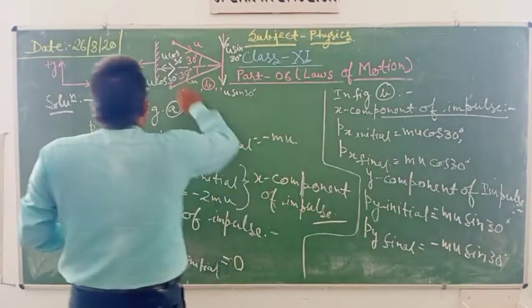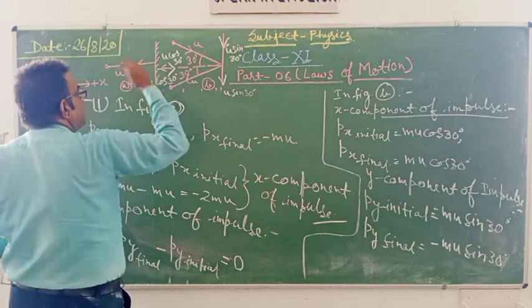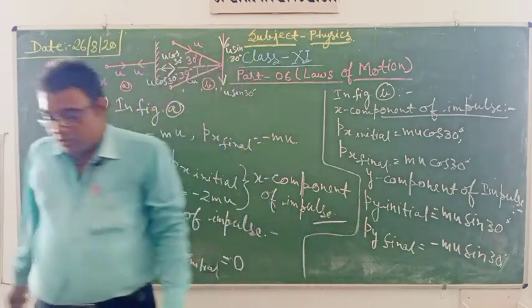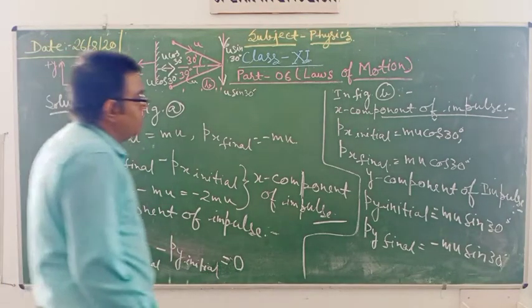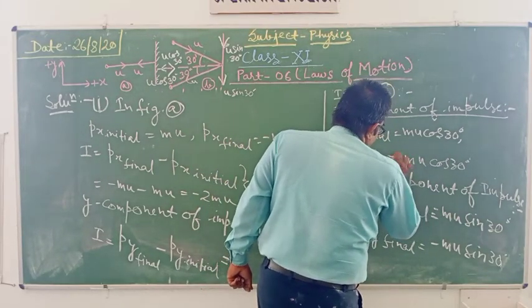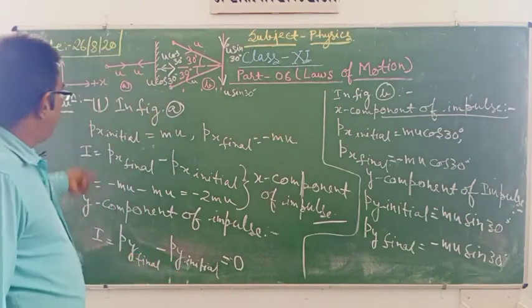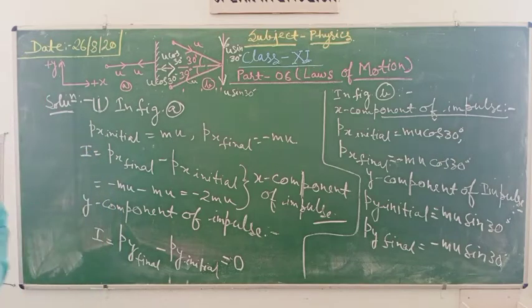Now look here, Px initial is mu cos 30 degree, this is the positive direction, you can choose either, and Px final is minus mu cos 30 degree. So we have calculated the initial and final momentum in both the cases.